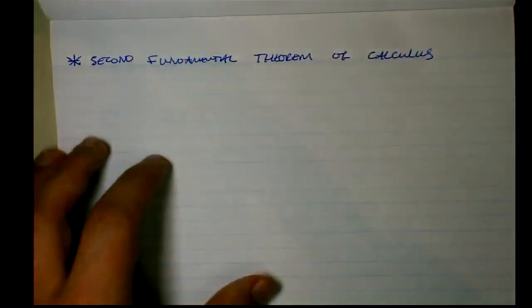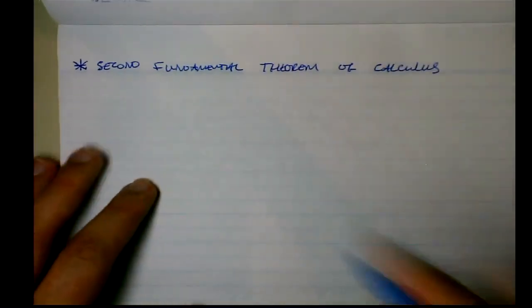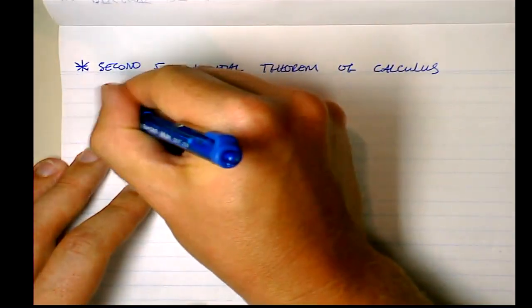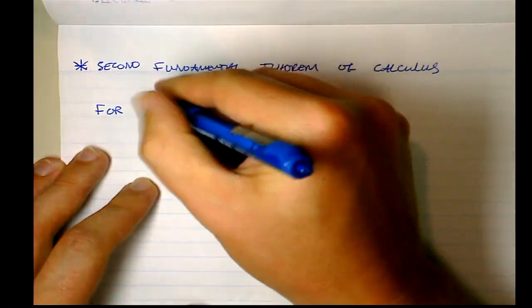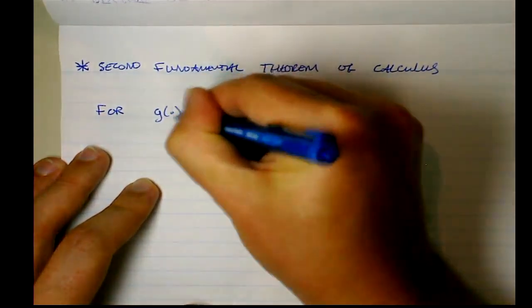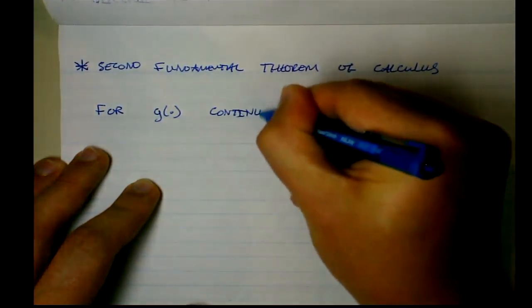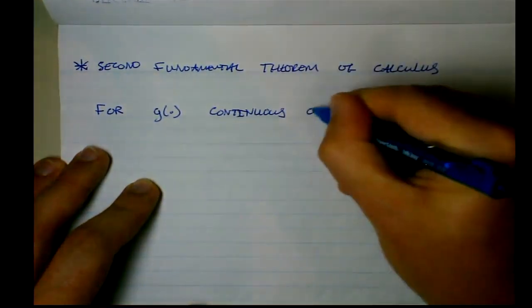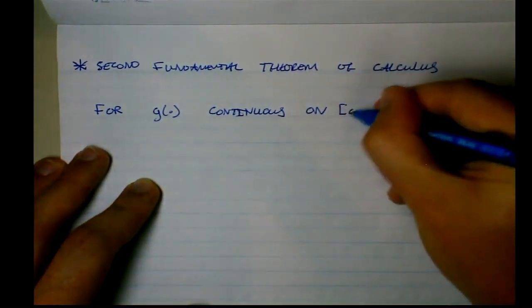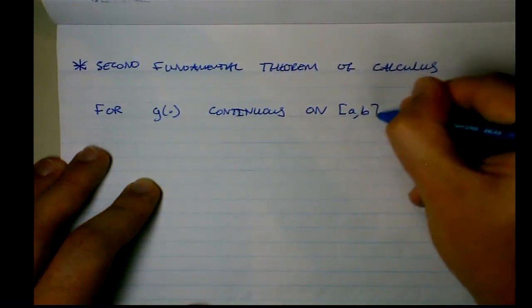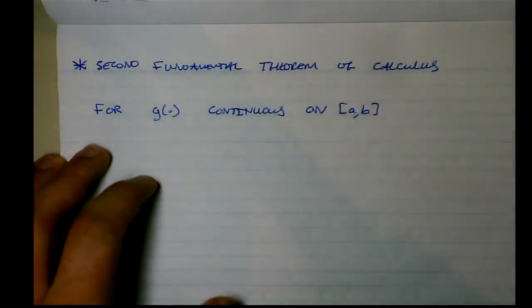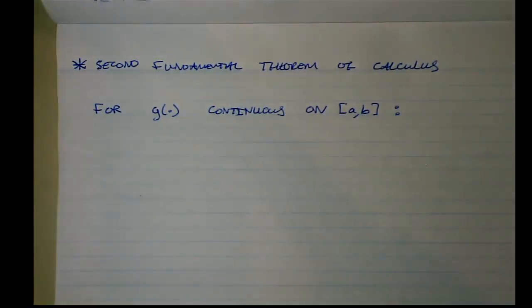Okay, so we have, for some function g which is continuous on an interval, say [a, b], the following result. So if you've got a continuous function defined on some interval, what we have is this.